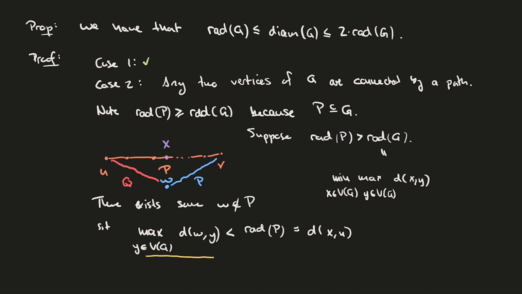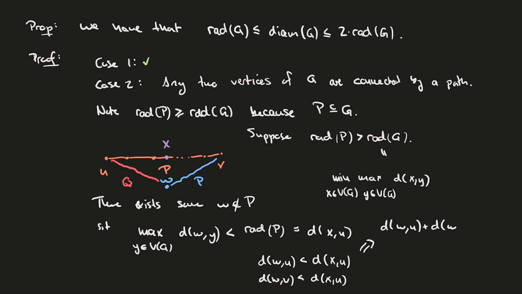Now, because the maximum over all distances between W and any other vertex is strictly smaller than the distance between X and U, we know in particular that the distance between W and U is strictly less than the distance between X and U, and also that the distance between W and V is strictly less than the distance between X and U. This now implies that the distance between W and U plus the distance between W and V is less than or equal to 2 times the distance between X and U minus 2.